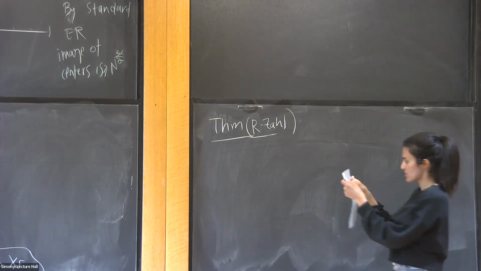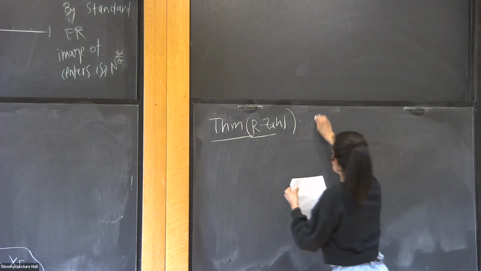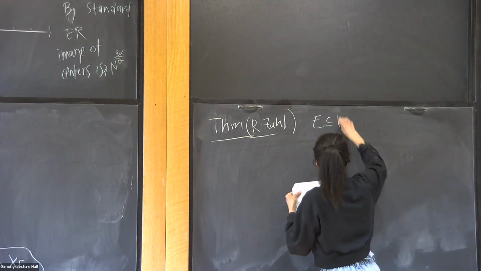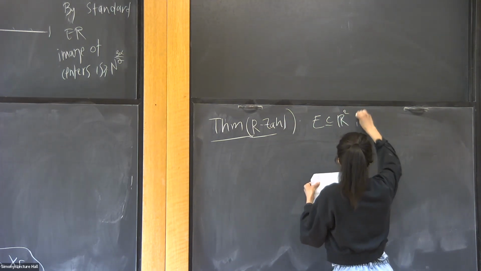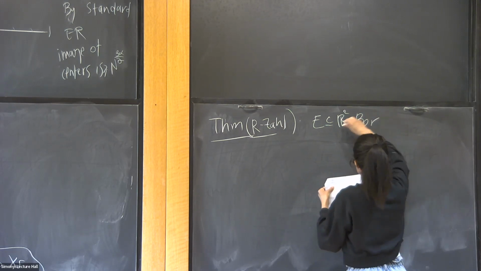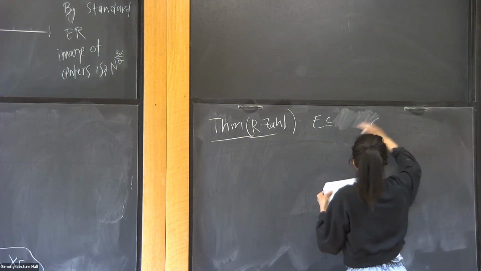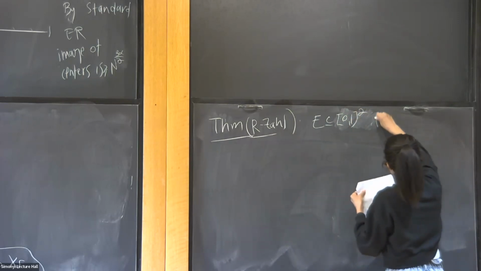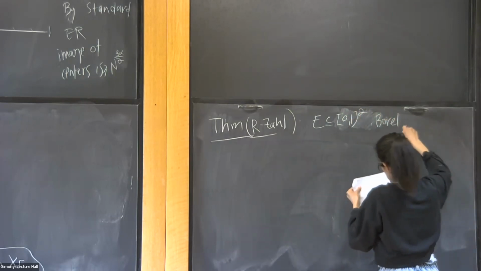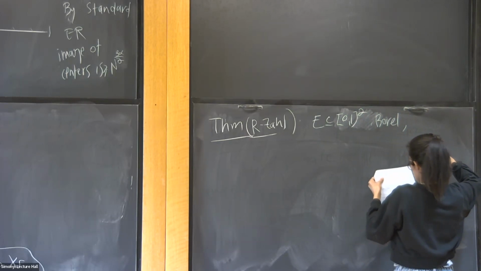Here. So E in R^2 Borel. Actually, we will move to compact sets, so let me write it already. E has Hausdorff dimension alpha.